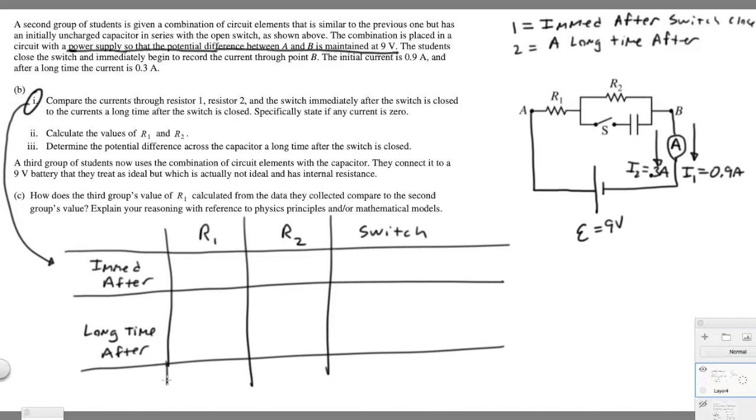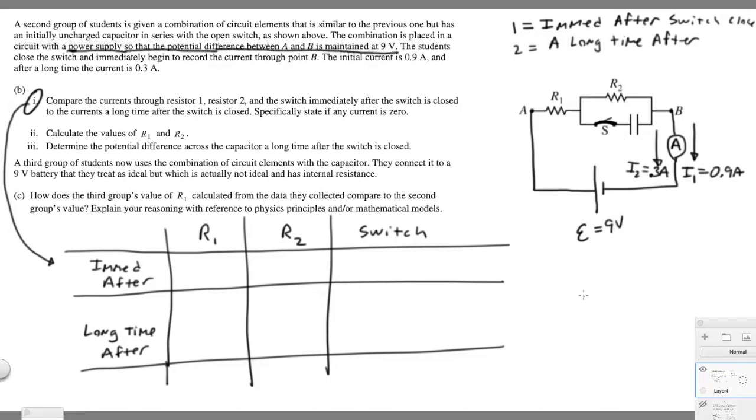Okay, so let's start with immediately after. So the switch closes, this capacitor has no charge on it yet, right? It tells us that it's initially uncharged right here. Initially uncharged capacitor. And again, what is the significance of the capacitor being uncharged at the beginning?